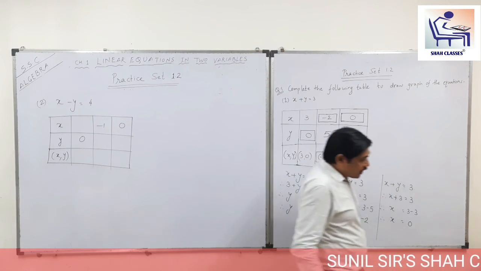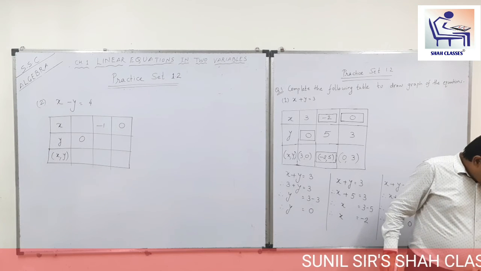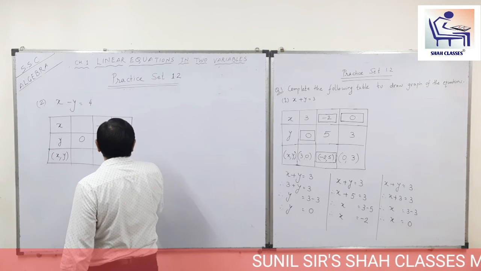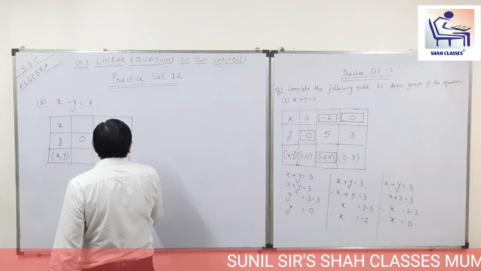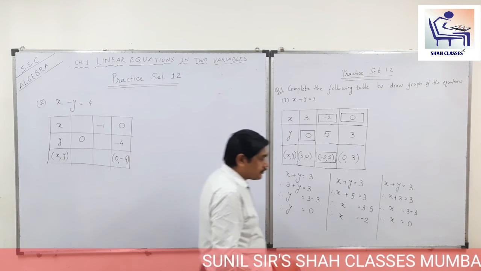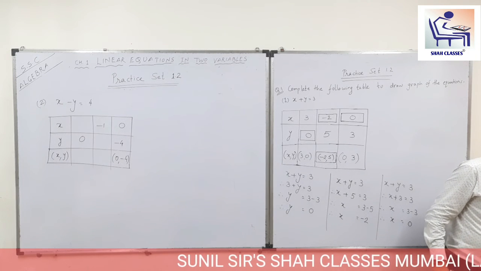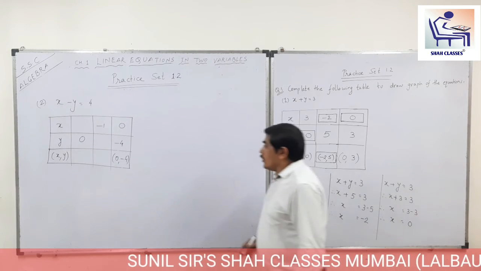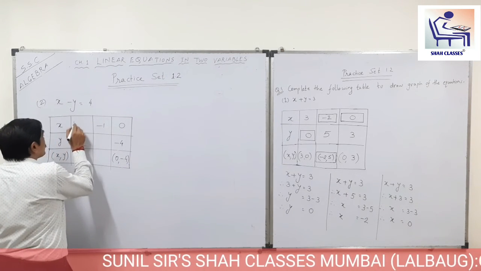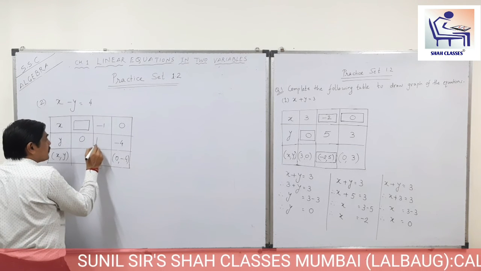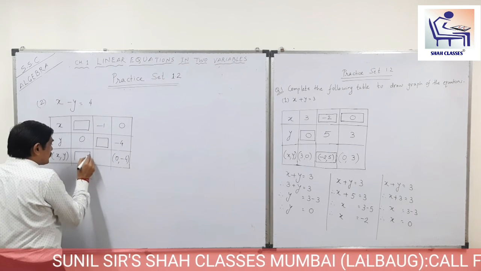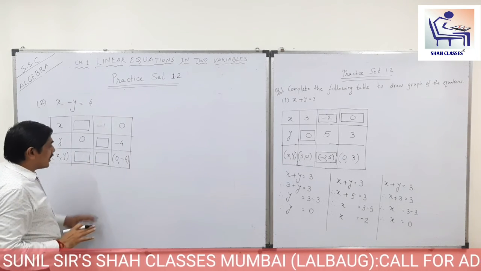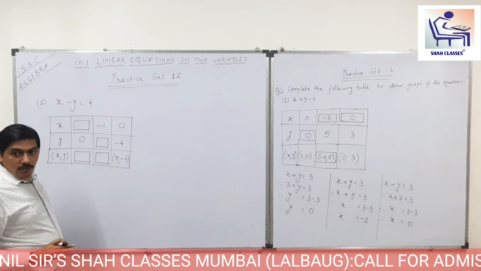These are the points which are given to you, and here one more is given as minus 4. So we are getting these ready. So we have to solve these 4 boxes. Remember, this coordinate you are getting readily, so no need to solve.